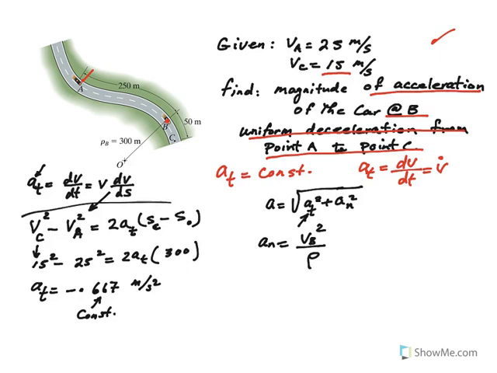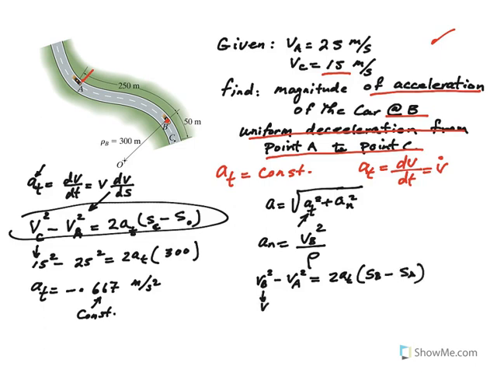If I have that, then I just divide it by the radius of curvature, which is 300 meters. So how do we go about finding the velocity of B? Well, why don't we just use the same equation, but this time we say, okay, velocity of B squared minus velocity of A squared, in other words, use A as the initial velocity, equal to a sub t times (S sub B minus S sub A). So in this case, the velocity of B is the unknown, and the velocity of A, again, we know it's 25. Remember, a sub t is minus 0.0667, right? Decelerating. And S sub B minus S sub A is only 250 meters.